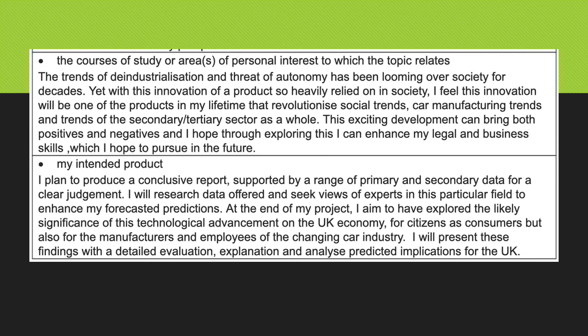In terms of the intended product, they've written about how they want to write a report which will be supported by a range of both primary and secondary data for a clear judgment. The data that she's going to use will include the values of experts to enhance forecasted predictions.